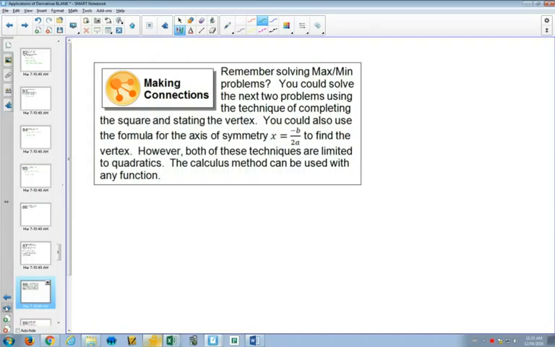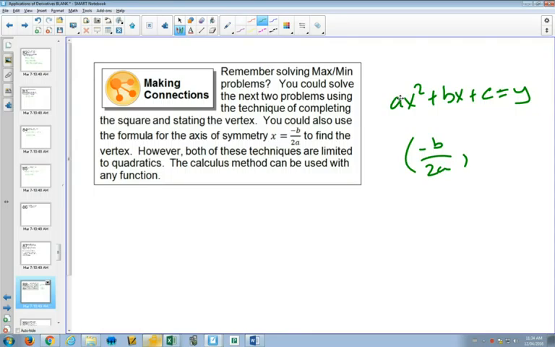I put a formula for the axis of symmetry, or the x-coordinate of the vertex. Had you ever seen that formula before? If you have any equation of any parabola, well, I guess I can make it equal to y, the vertex will always have that as the x-coordinate.